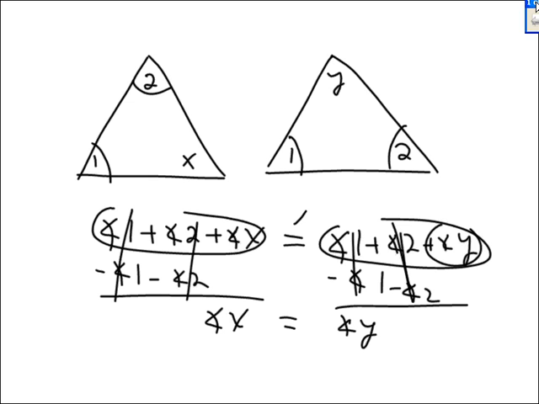And they are equal. If you have two triangles and two angles in the first triangle are congruent to two angles in the second triangle, well then the thirds must be equal. It's because the angles always add up to 180 degrees.